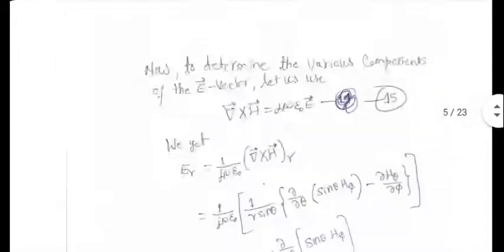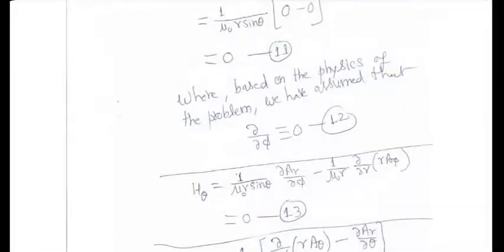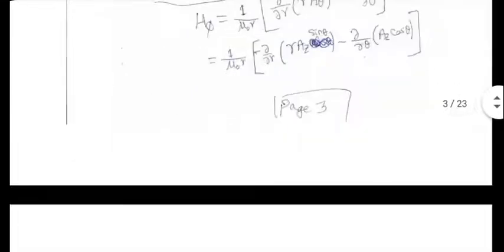Other interesting aspect to notice is that, forget everything else. Just look at R dependence, the distance dependence on the radiated field. HR, of course, has no R dependence. It is 0 anyway. H theta is 0. Don't worry about it. In H phi, what happens? You have got 1 upon R common throughout.